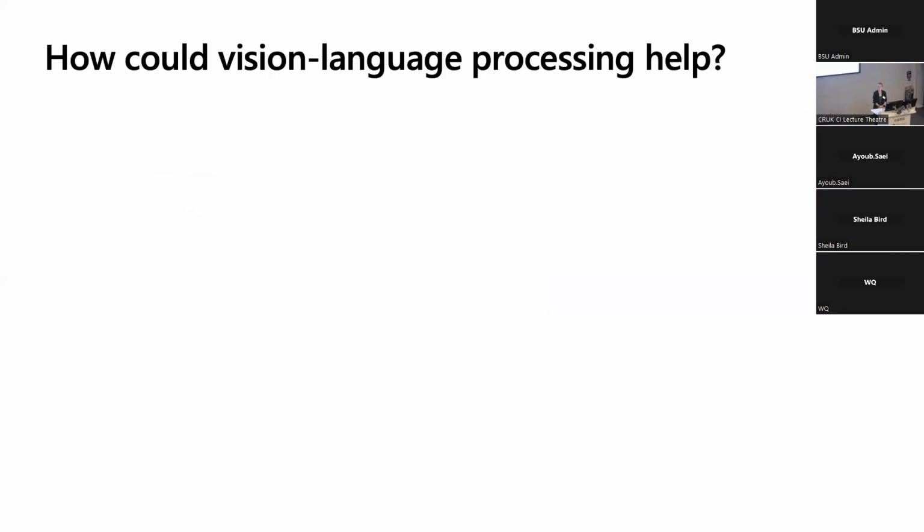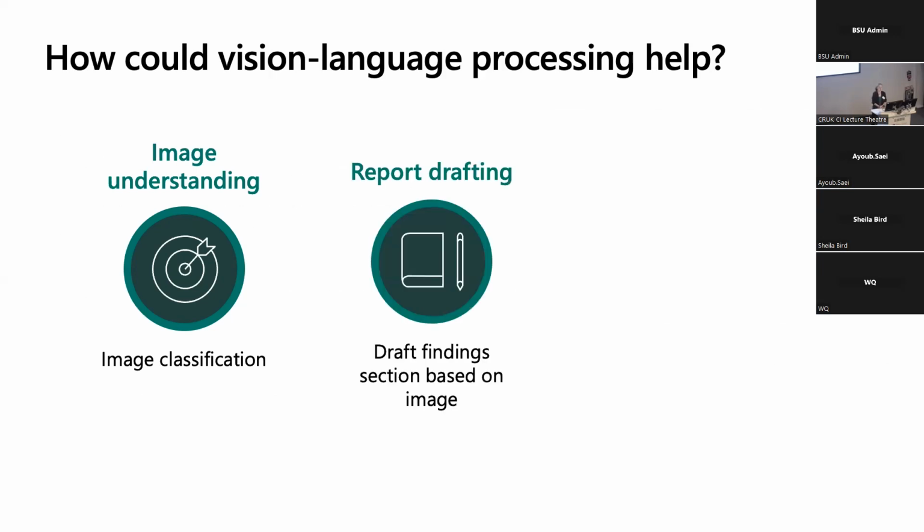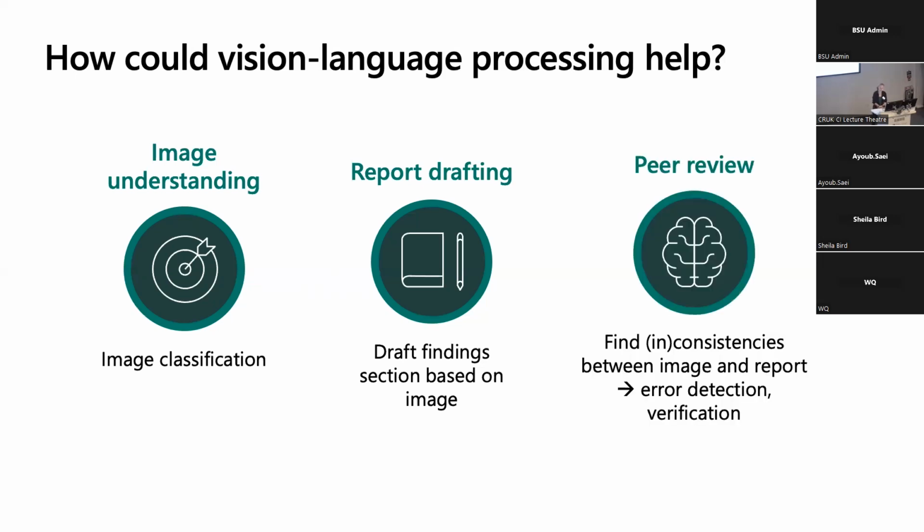So how could vision language processing help in this milieu of issues? One of the things we can do with these image encoders is help with the image understanding. So we could build image classifiers, help detect, maybe there's a pneumothorax in this image. We can also look at perhaps drafting a preliminary version of the report, specifically the findings section, which describes what is seen in the image. And given an already written report, you could do additional peer review to perhaps discover inconsistencies between the image and the report. We've done some work trying to detect, for example, laterality errors.